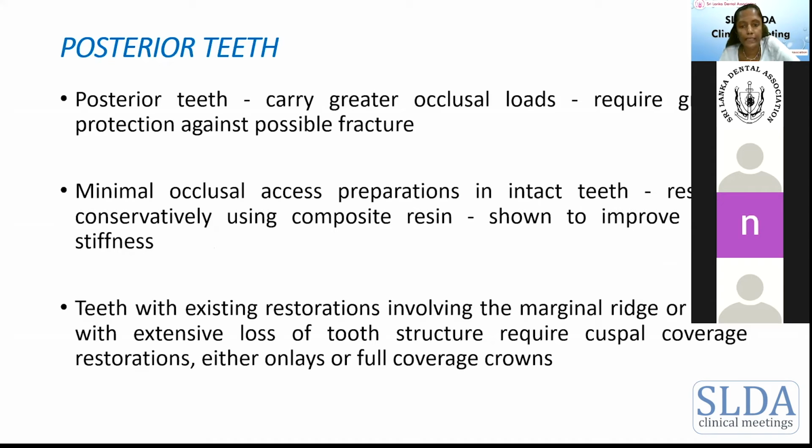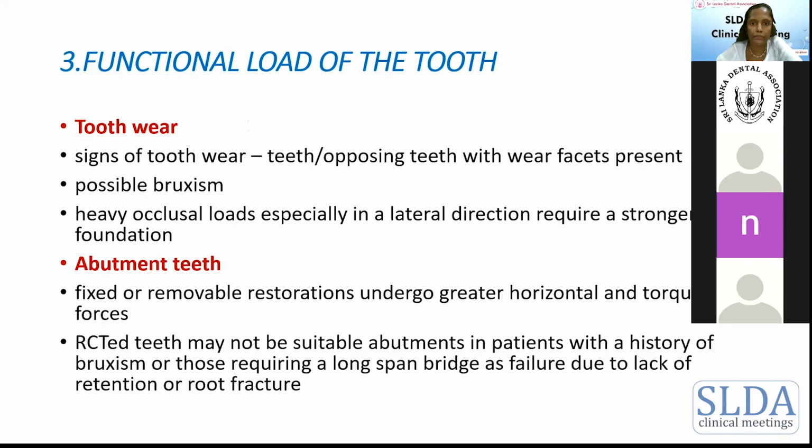Teeth with existing restorations involving the marginal ridges, maybe MOD cavities, require cuspal coverage restorations, either onlays or full coverage crowns. The third factor is the functional load of the tooth.